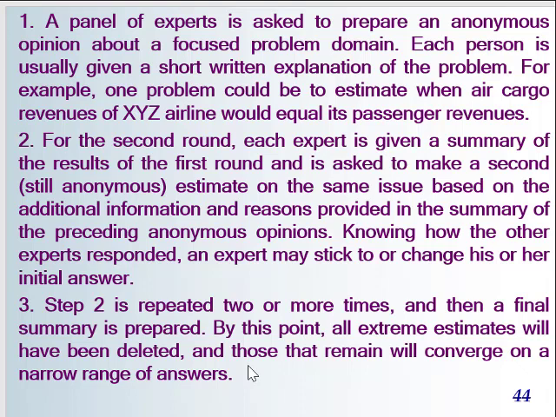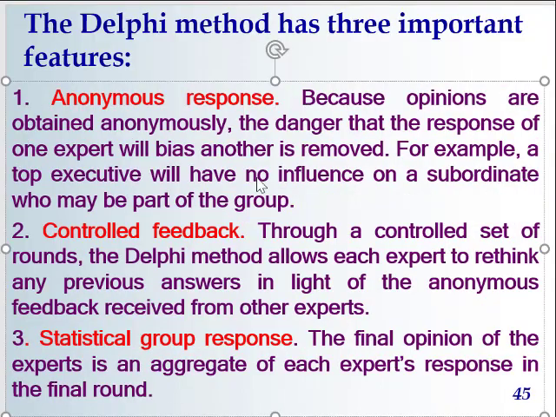We give the problem to the experts, they give their answers, those responses are given back to the experts again, and they refine them. We iterate again and again, maybe three or four times, and they refine it till we get the final solution. This is how the Delphi method works.